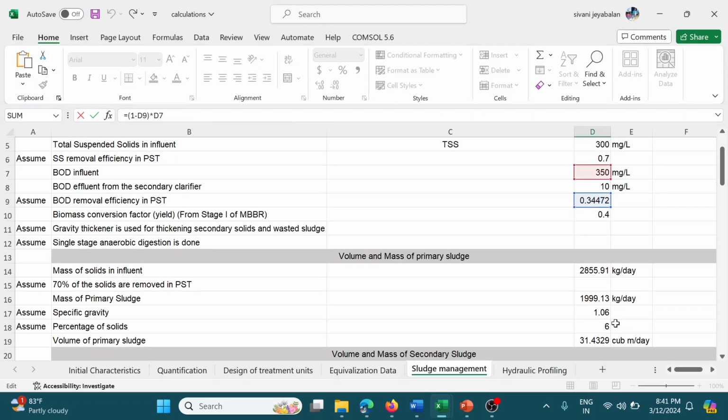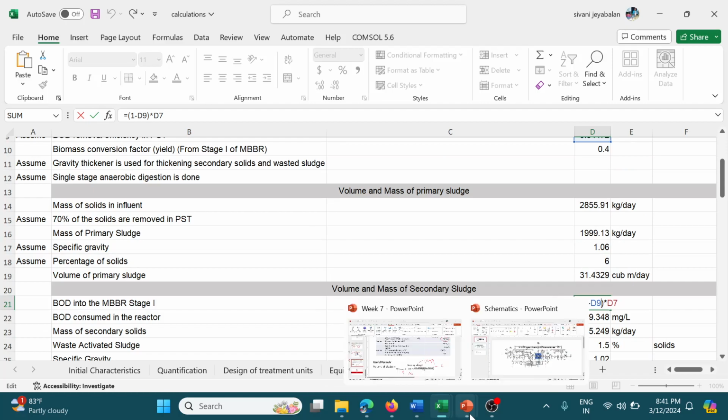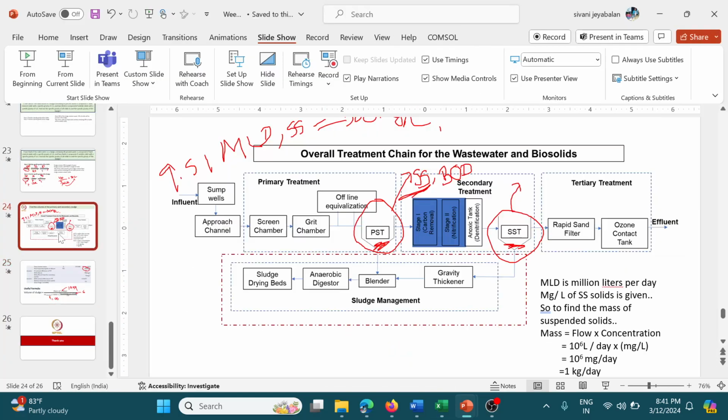See here, BOD influent is given as 350 in the question, and BOD removal efficiency at PST is given as 0.34. So what will be the BOD that is entering the MBBR unit? Wait, let me explain.